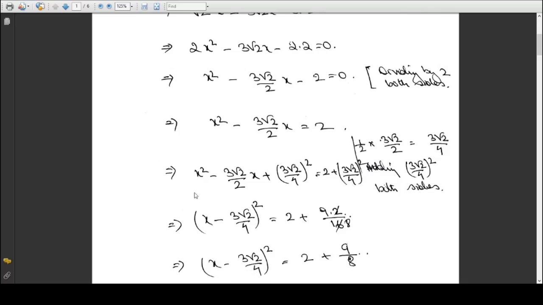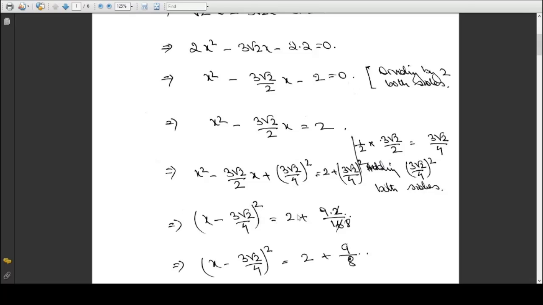And now the left hand side, once you have added half the coefficient of x squared on the left and right, this left side should always be in the identity of a minus b whole squared. What is a? a is x. And what is b? b is 3 root 2 by 4.